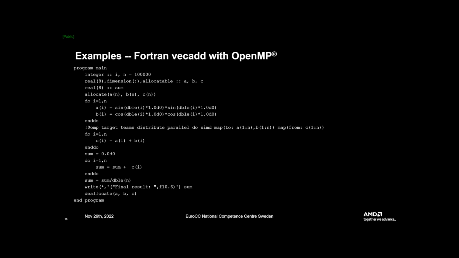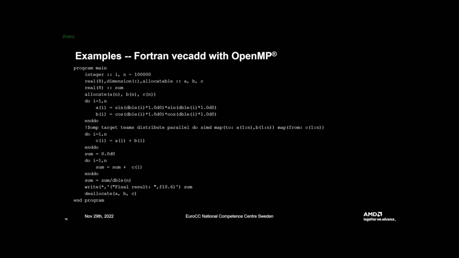So how do we translate this to a code which runs on the GPU? By putting this OpenMP directive in front of that loop, you can tell it to target a GPU device, or even a different kind of compute device. You're telling it to offload to that device, create teams, distribute the work, and do it in parallel, and do a do loop.